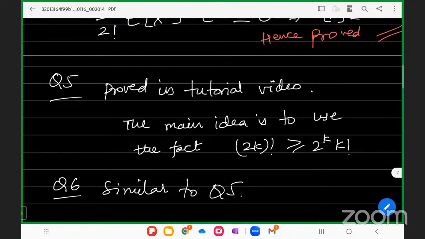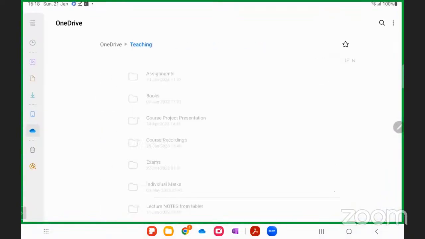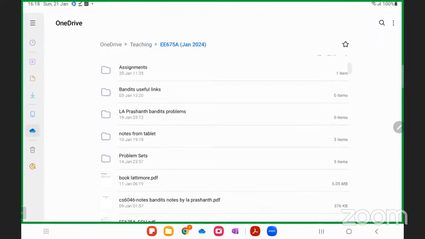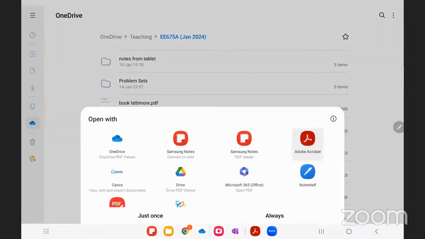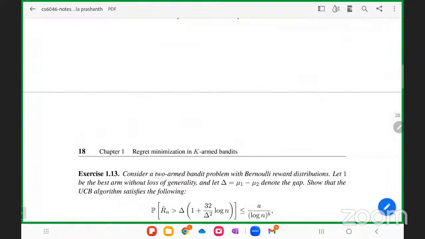I had a question from the notes on the CS6046 notes on bandits, page number 2. It's about an exercise or some concept. The multi-armed bandits notes which you uploaded.